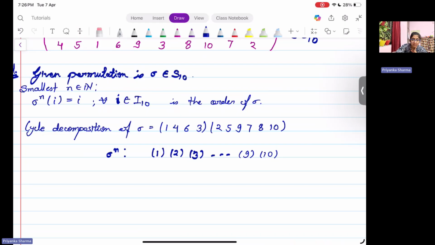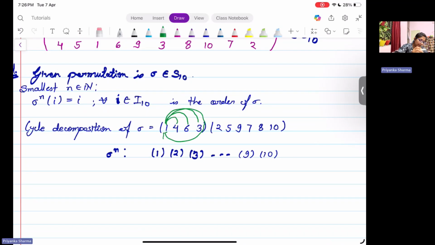Under sigma, the image of 1 will be 4. Under sigma square, the image of 1 will be 6. Under sigma cube, the image of 1 will be 3, and under sigma to the power 4, the image of 1 will be 1 again.